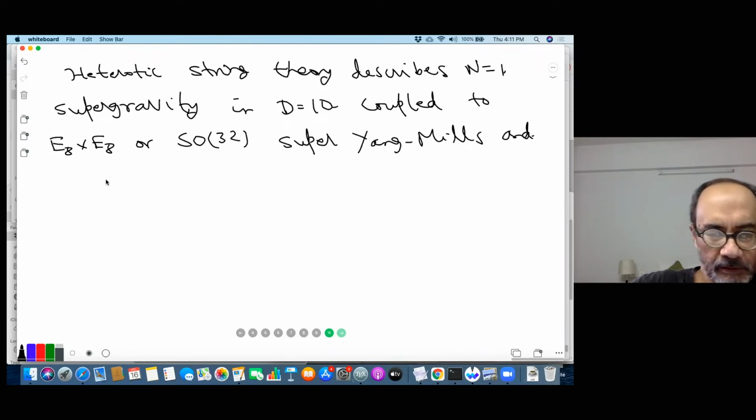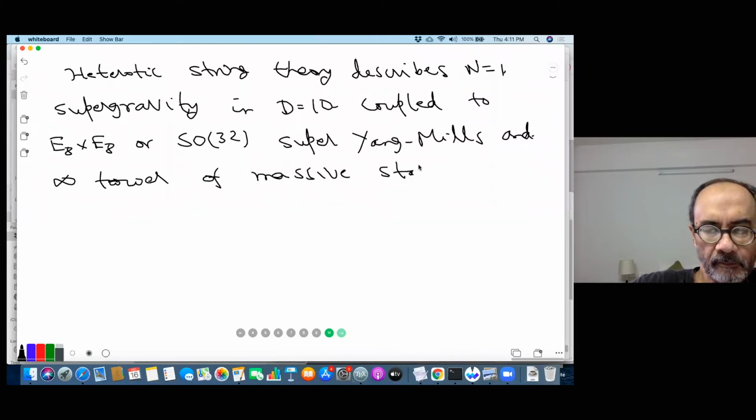And of course, an infinite tower of massive states. Now, the reason that this has N equal to 1 supersymmetry is because you have only one set of gravitinos, right? Because there is only the NSR but no RNS, because on the left sector, the anti-holomorphic sector is bosonic string theory. Okay, so there is no distinction between NS and R.